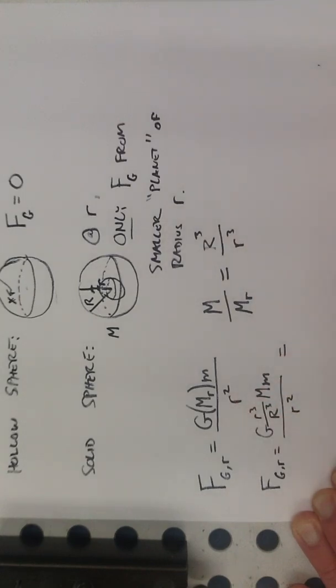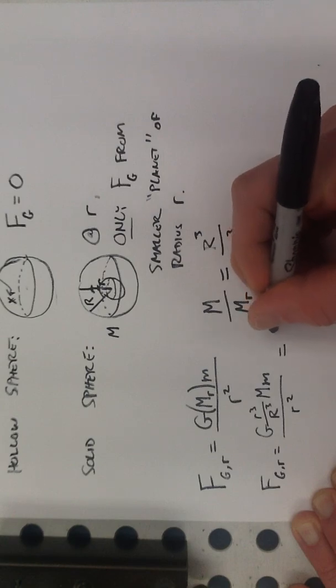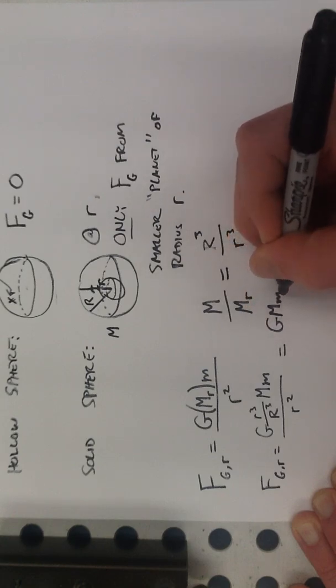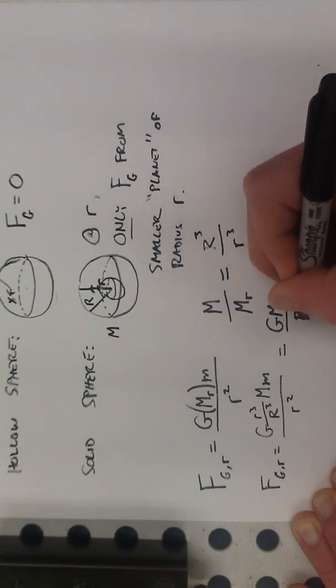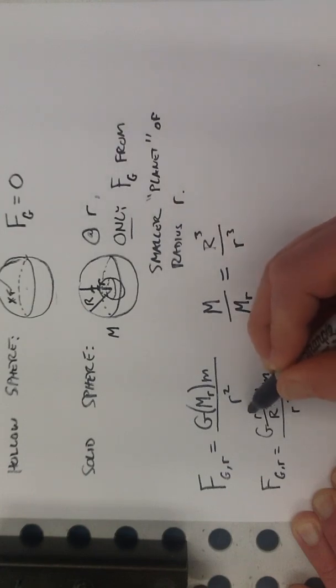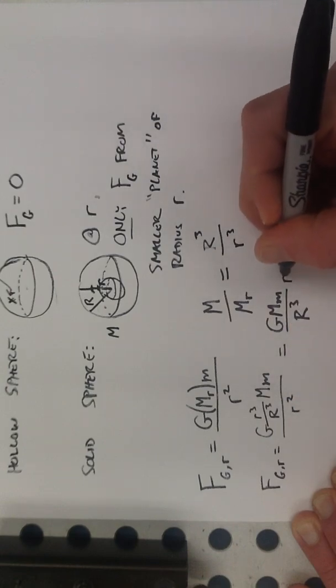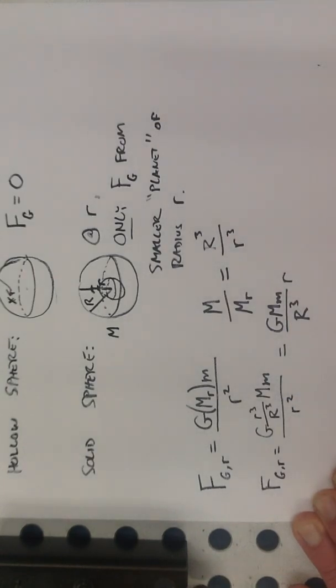And then simplifying this, everything in this is a constant, G M m over big R cubed, and then I've got a little r cubed and little r squared, which is equal to r. So that's interesting.